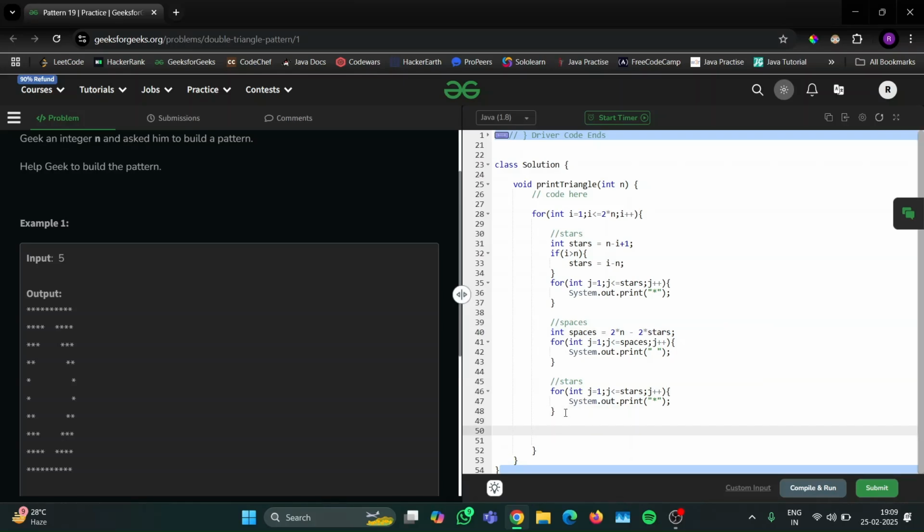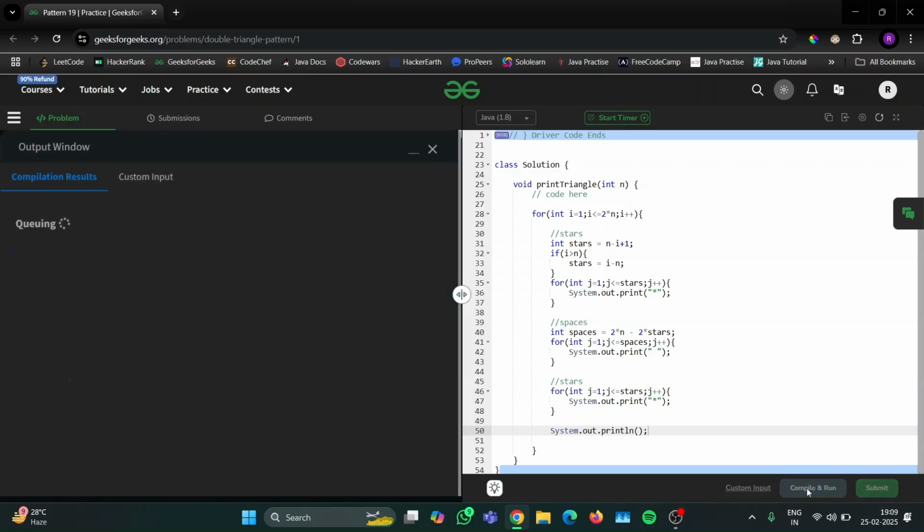Now we just have to add a new line over here so that after every row, the cursor moves to the next line and it prints in a different row. Now we have to click the compile button and check if our code is correct. As you can see, the output is exactly the same as the expected output.